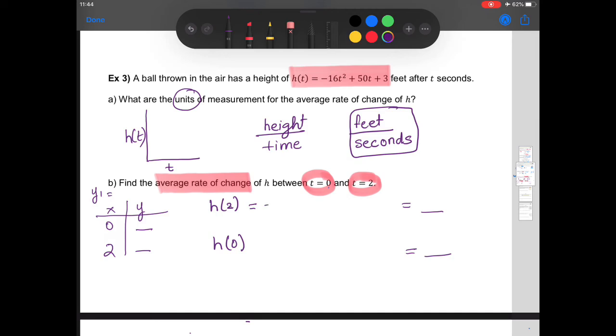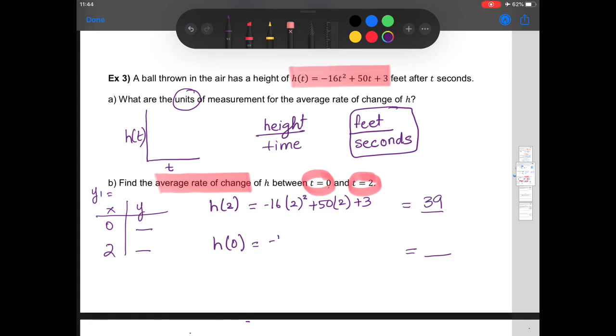But I want to show you how we substitute in. So it's going to be negative 16 times 2 squared. Basically, wherever you see t, you're going to substitute 2, right? You can do that math in your head if you want, or you can put it in the calculator, right? So this would be what? 2 squared is 4. 16 times 4 is negative 64. Negative 64 plus 100 is positive 36, plus 3 is 39, right?